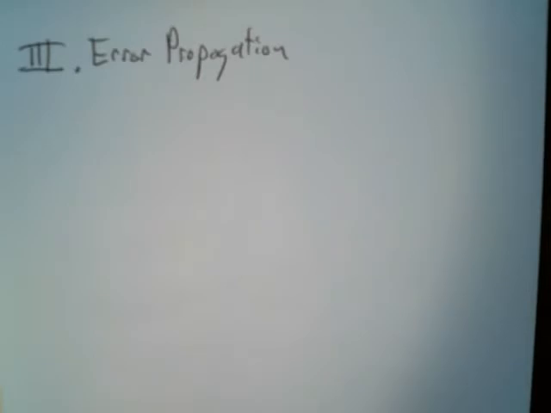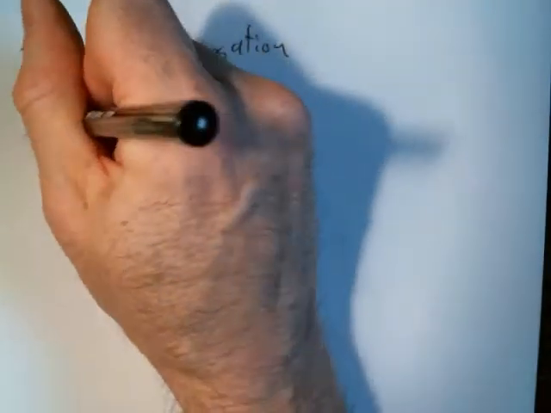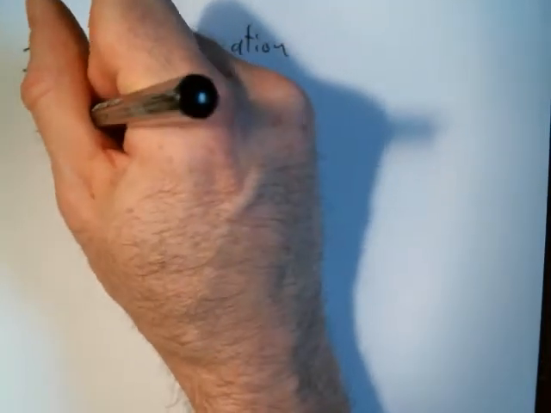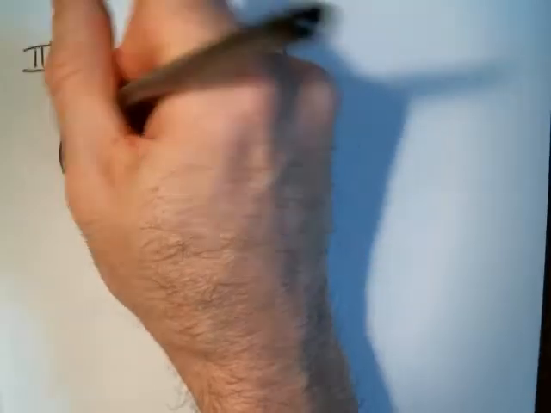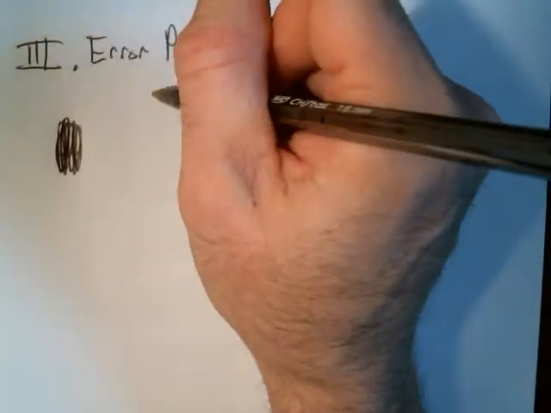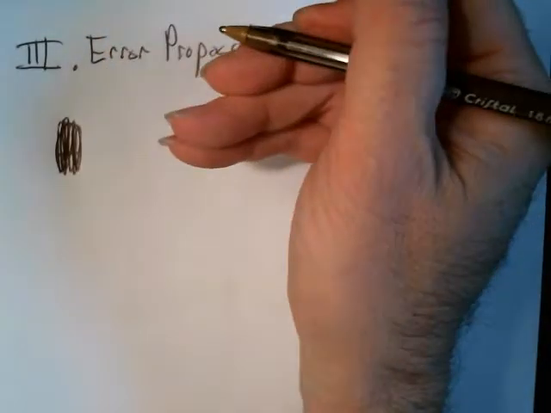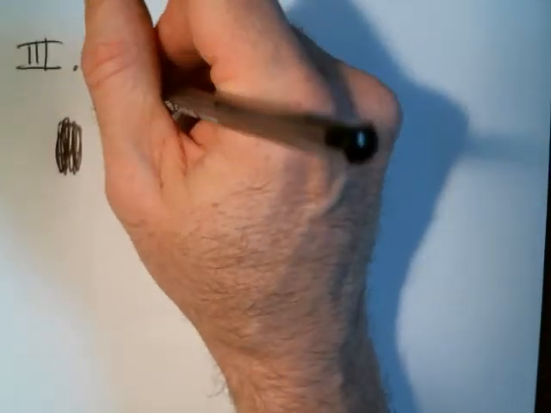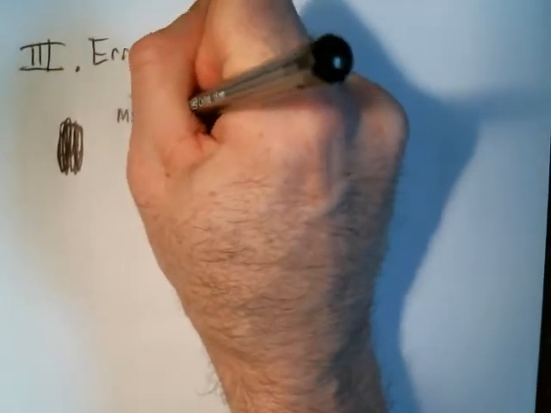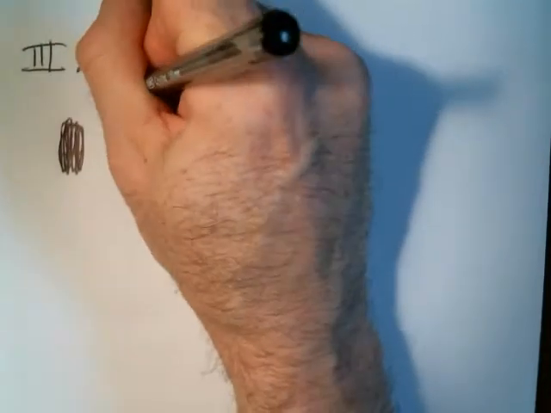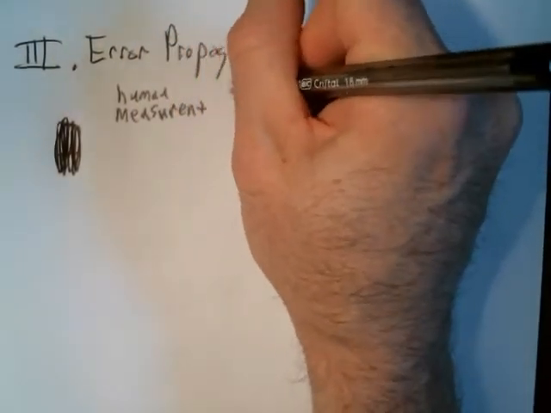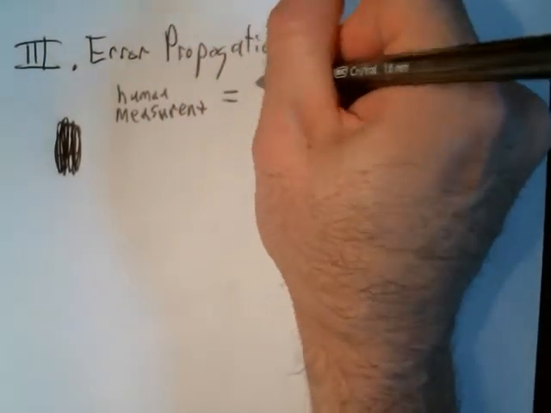So the error propagation will say there's going to be an exact value of measurement. Maybe I'm measuring nuts and bolts, the top of a bolt, and the person makes a measurement, let's call it the human measurement, x.